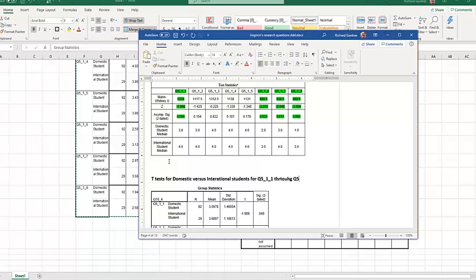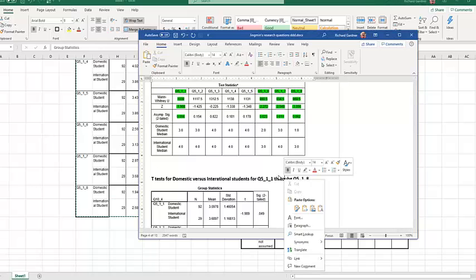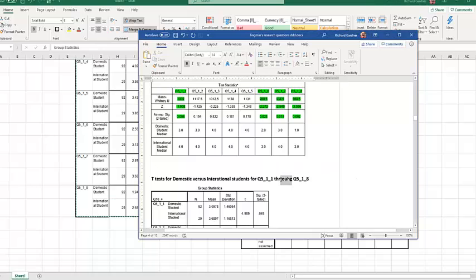Question 5_1_8. Through. Get rid of that T. Man, I'm forgetting how to spell. Okay.